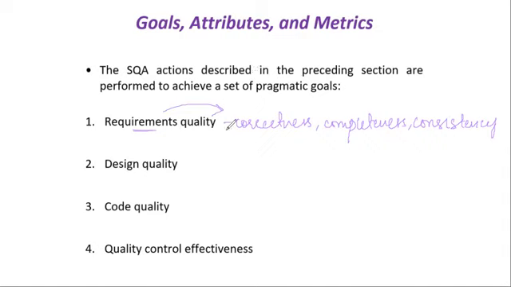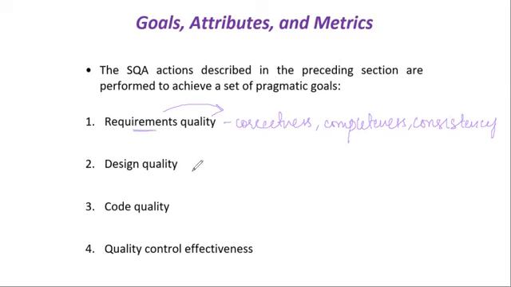The next one is the design quality. Now, the design quality here means that whatever design you're developing, every element within the design model should be assessed so that it is of high quality. Whatever you're developing, it should be the highest quality.